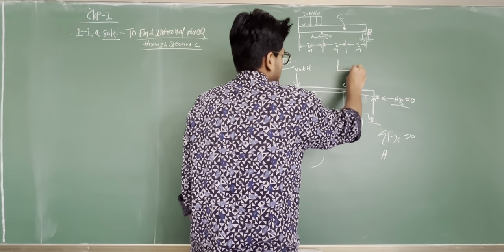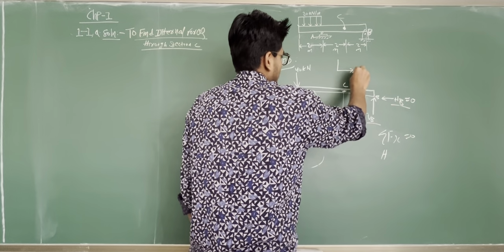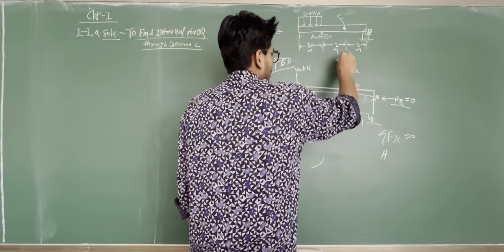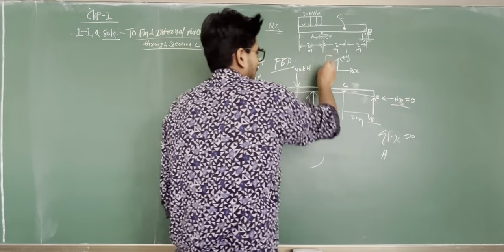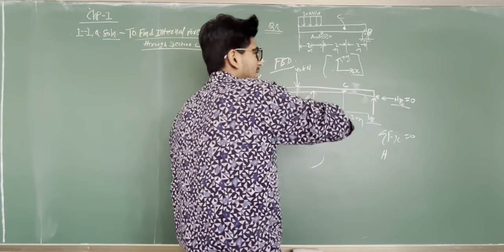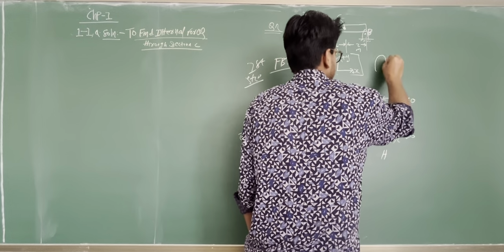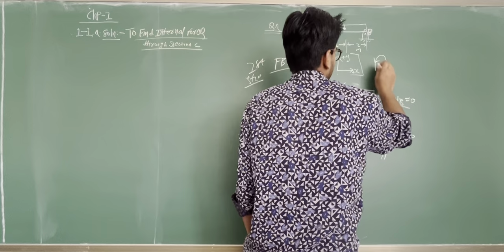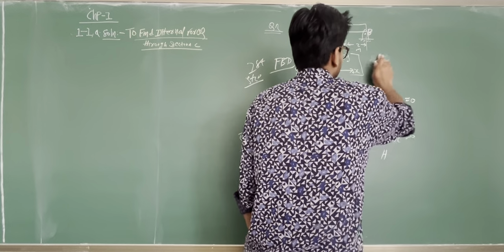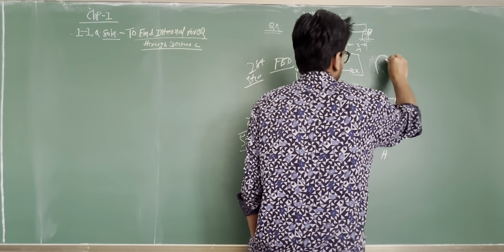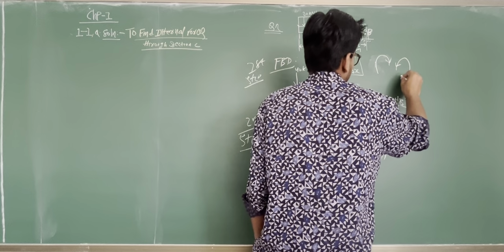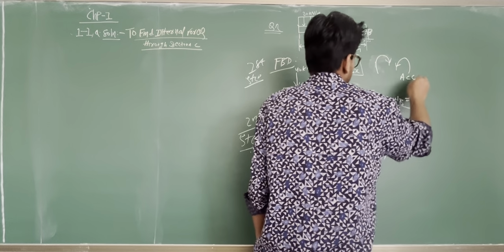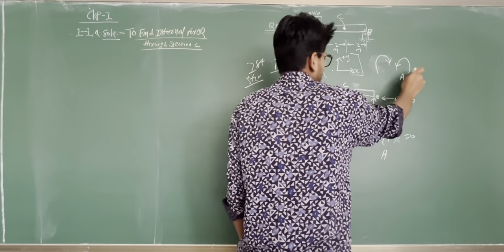I'm taking this direction as plus x on the coordinates. This is plus here, minus here. And for the moment, this is clockwise and this is anti-clockwise.